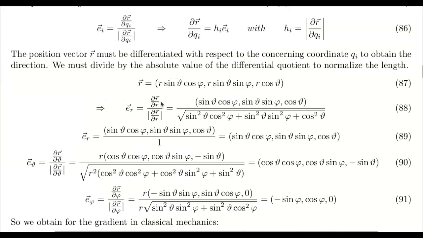And then we begin with the first coordinate r, the base vector e_r. Then we differentiate with respect to r. That means here in the position vector, r is cancelling out. And in the denominator, we need the absolute value.